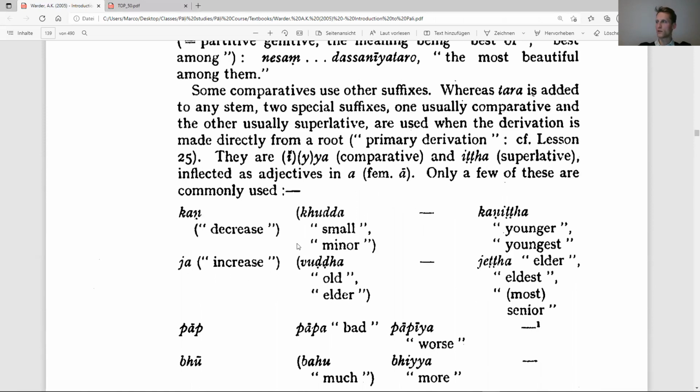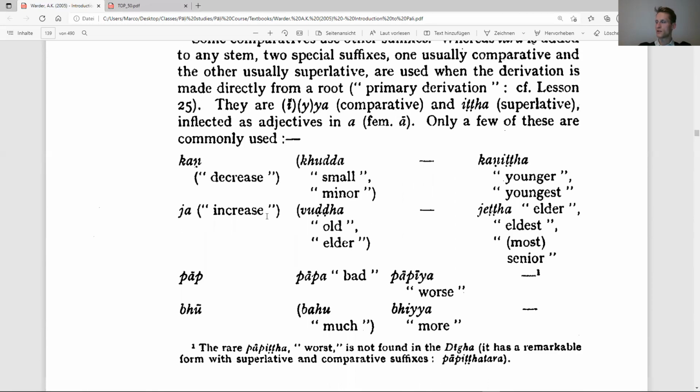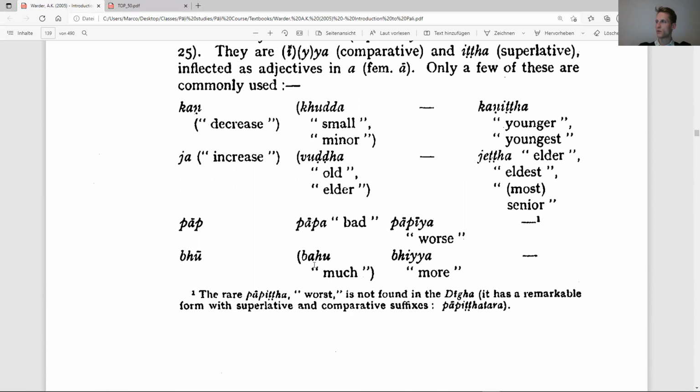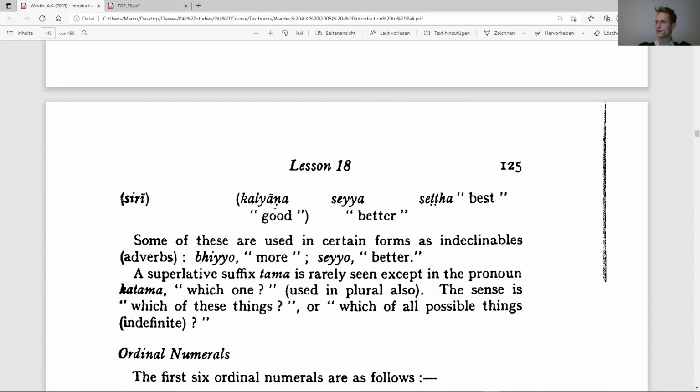For example, kanittha, small, minor, kanittha, younger, youngest; jettha, old, elder, jettha, eldest, most senior; papa, bad, papiya, worse; bahu, much, bhiyya, more; sobhana, kalyana, good, seyya, better, settha, best.